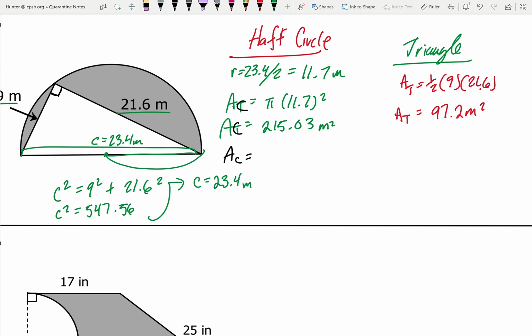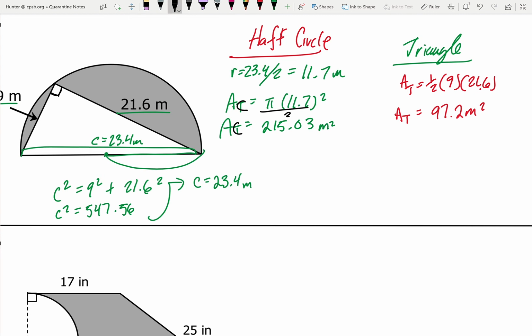I looked at my key wrong. It is 215.03, but this would have been divided by 2, which still gives me 215.03. Sorry about that, but that is the area of our half circle. So pi times 11.7 squared divided by 2 gives me 215.03.